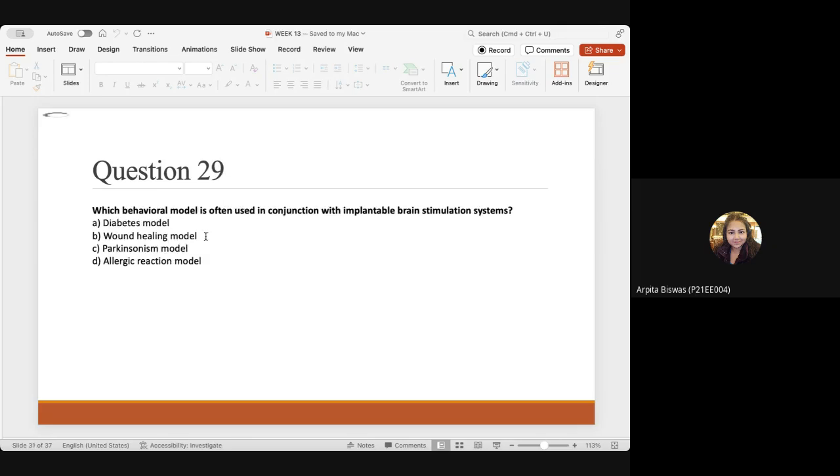Next, question number 29. Which behavioral model is often used in conjunction with the implantable brain stimulation system? First option is the diabetes model, and second option is the wound healing model. Option C is the Parkinson model, and option D is the allergic reaction model.